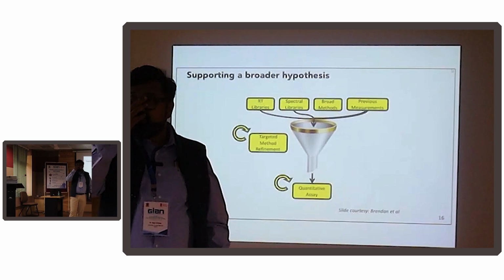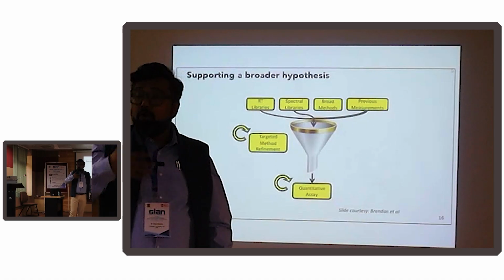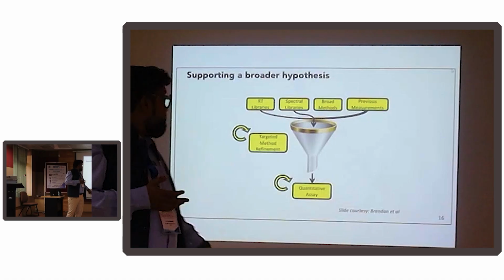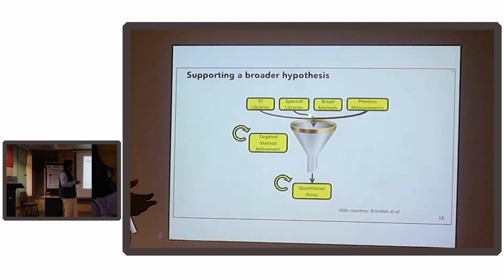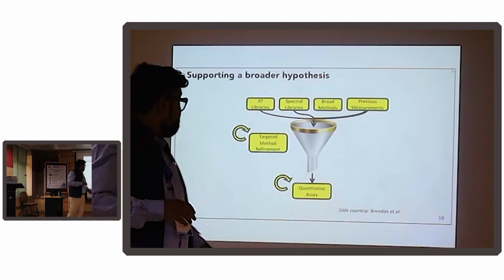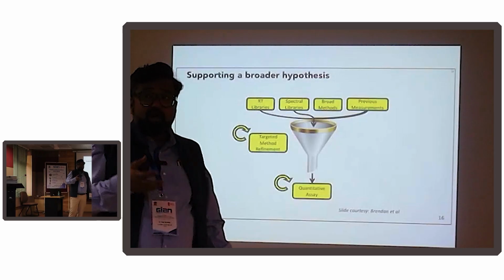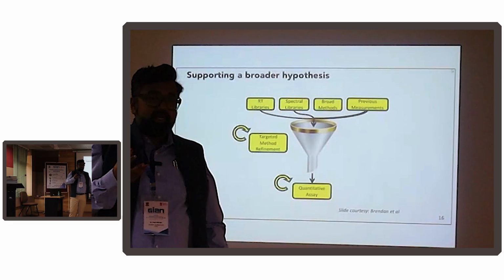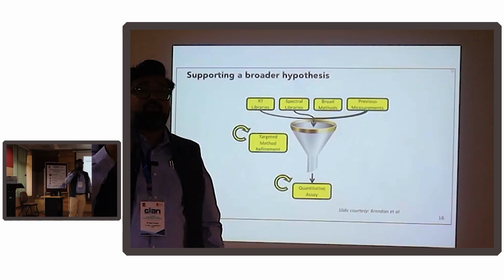And out of these 75 peptides on a triple quadrupole, all 75 might not be detected. So you will take the spectral library of 75 peptides, use the retention time libraries, and do a targeted method refinement. Out of these 75, you might come down to only 3 or 4 peptides. But these peptides are very robust.